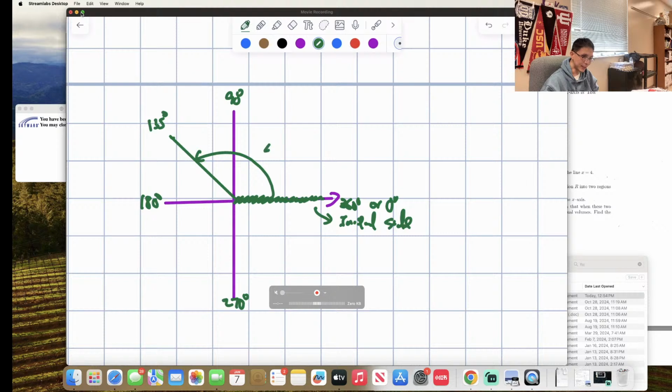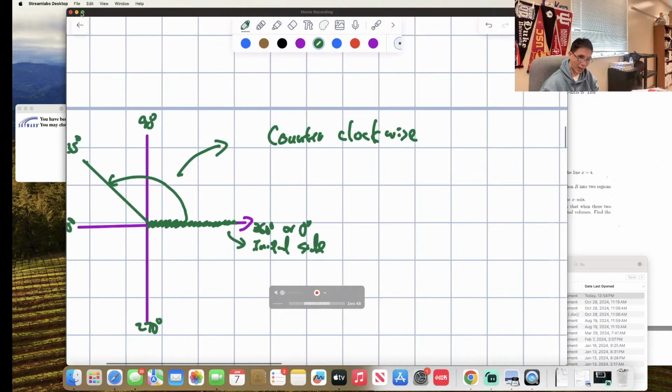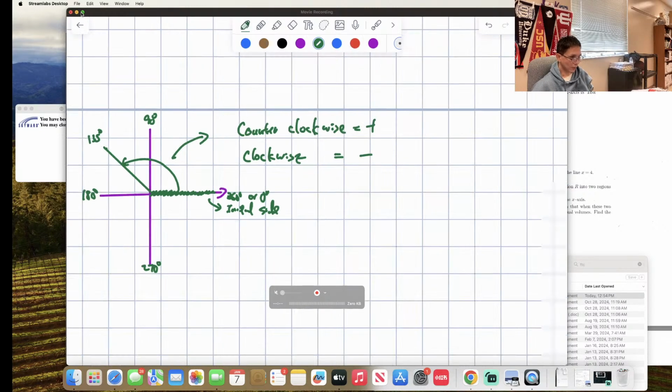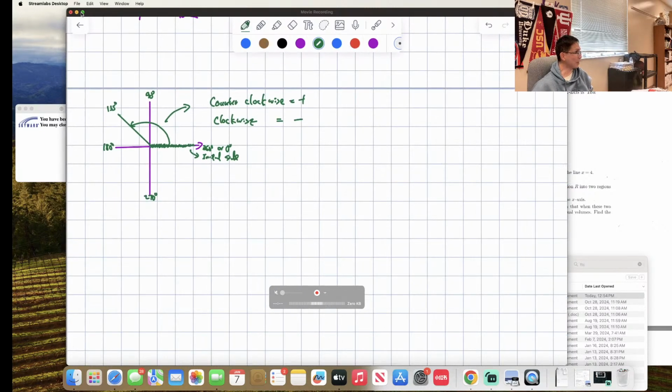Now, this angle is counterclockwise. Counterclockwise is positive, and clockwise is actually negative. So you can have a negative angle. If I want to draw negative 90 degrees, what would it look like?